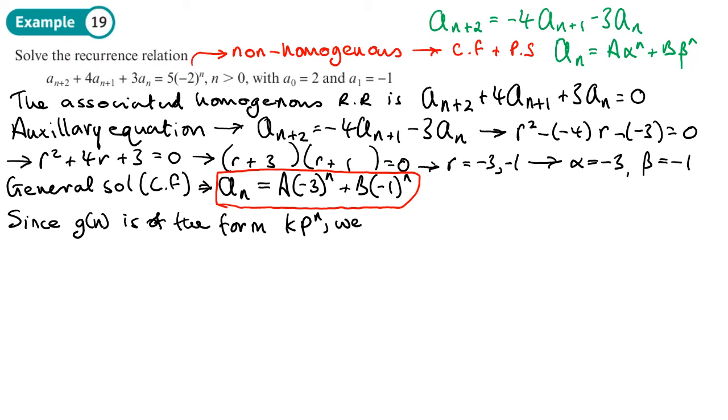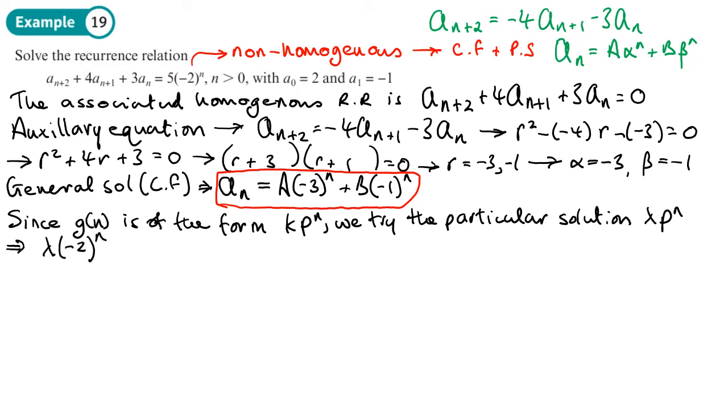Okay, we try the particular solution, or PS, of lambda p to the n. So in this case it will be lambda times negative 2 to the n.